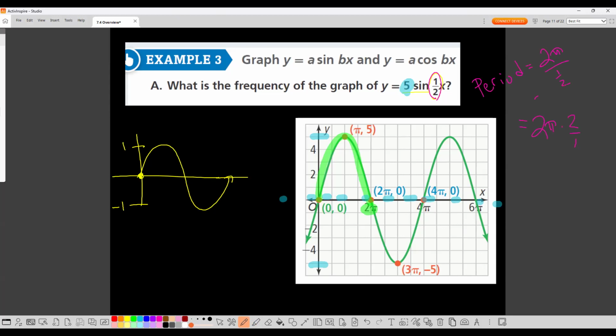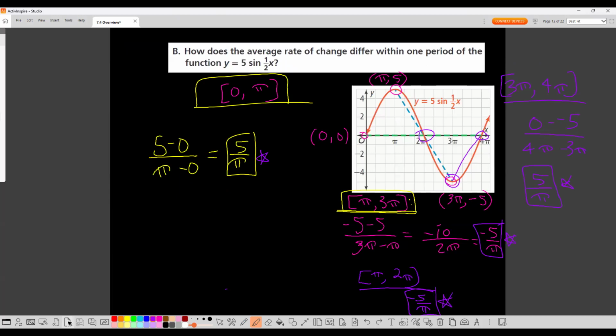Because remember, a fraction is like a division problem, 2 pi divided by 1/2. So flip this and change it to multiplication by the reciprocal, and then that's 4 pi. And if we look at it, we should see that it finishes the full cycle or period of the graph there at 4 pi.